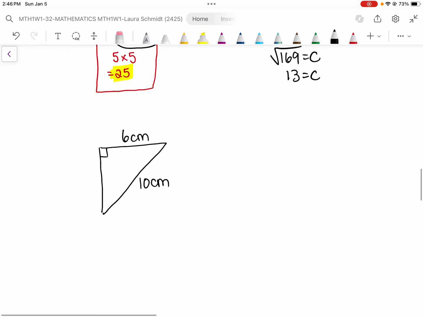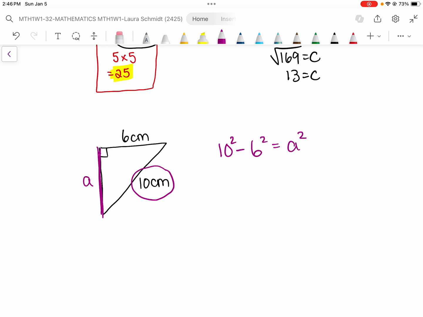Sometimes you have to do a different thing where you already know the hypotenuse and you're trying to find one of the shorter sides. In that case, the only thing that changes is now, since this is the biggest side, you'll be doing 10 squared minus 6 squared to get, let's call this side A. You'll be subtracting because you know that it's these two sides that add up to the 10.